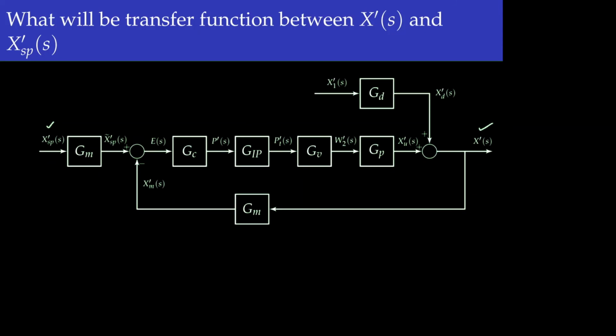So when you're trying to find out the relation between, say, two signals between x prime and x set point, you can simply write the relation between x prime s and x set point s when there is a loop in between, meaning we have a loop here.